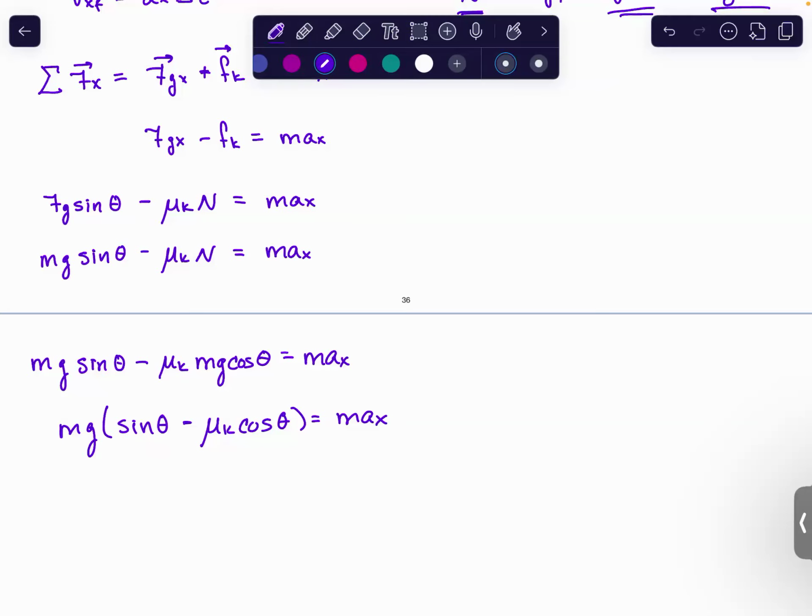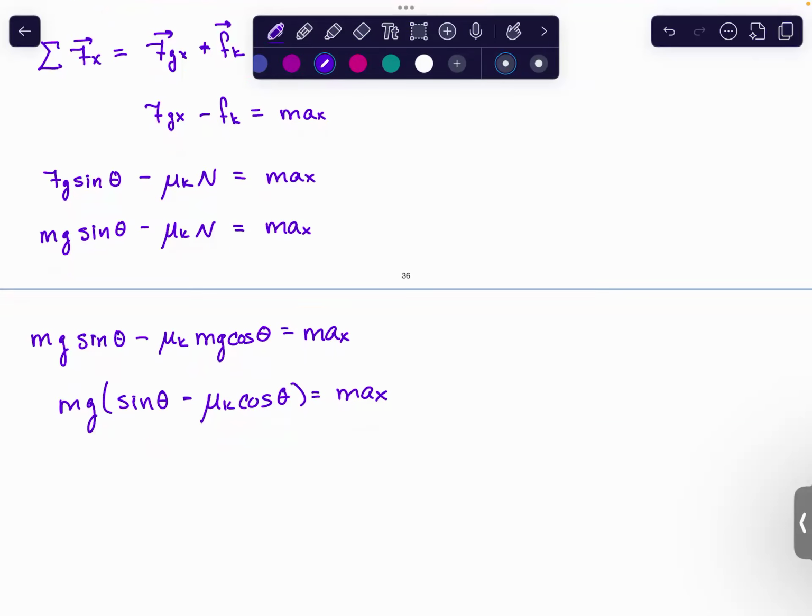Okay, so then we're going to divide through by m. Then we have an expression for our acceleration. The M's cancel out.